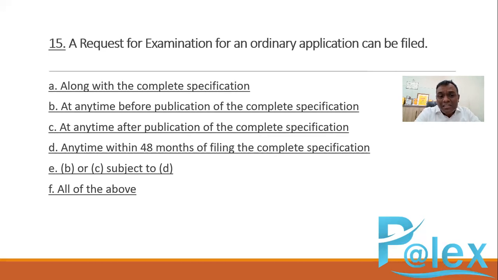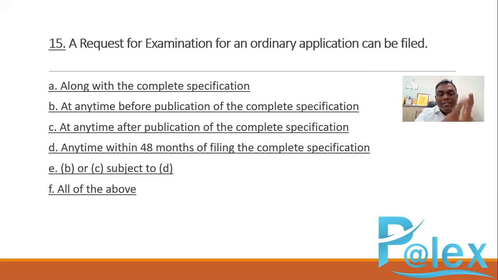The correct answer is all of the above. Because RFE can be filed along with complete spec for sure. Anytime before publication of the complete specification, publication happens in 18 months. Before that, it can be done. Anytime after publication of the complete specification, and B or C subject to D, that is within 48 months. That is also allowed.